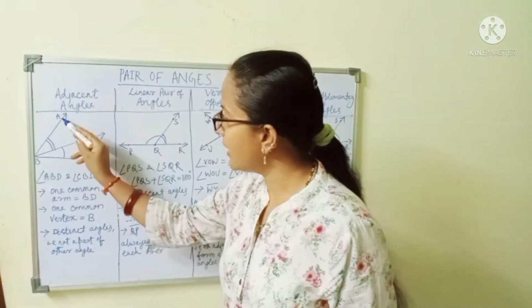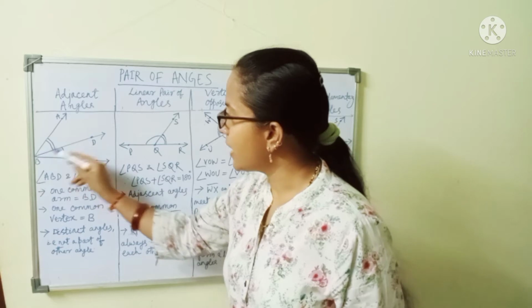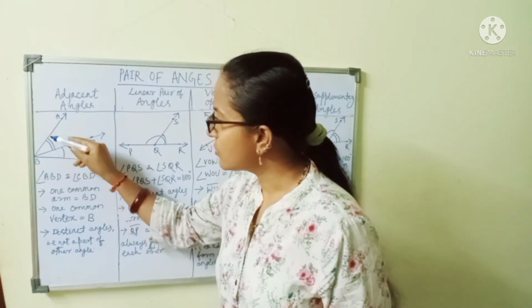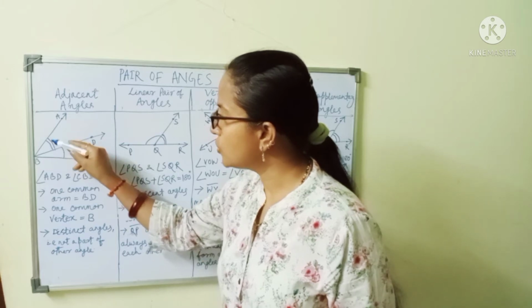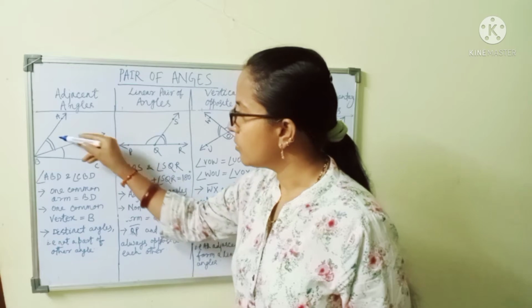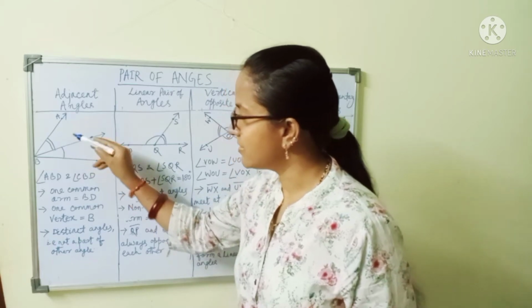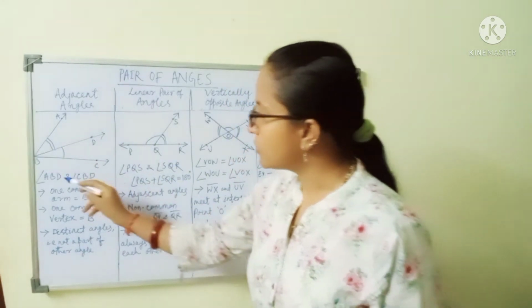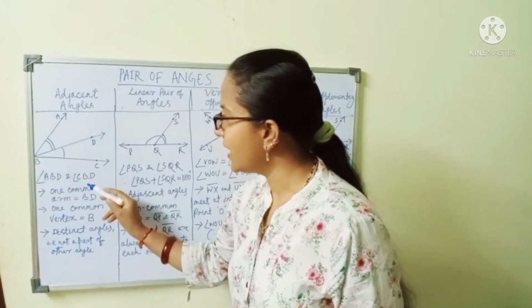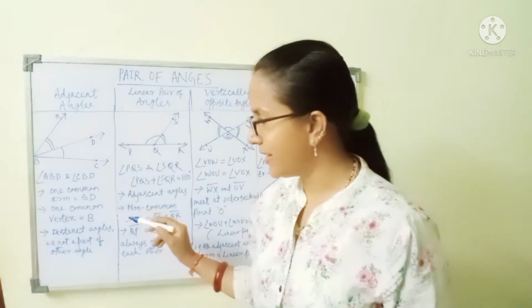Again, for adjacent angles, I have drawn this ABC and BD is the common arm. B is the common vertex. So we got two angles, ABD and DBC, which are adjacent to each other. So the ABD angle and CBD angle are adjacent angles.